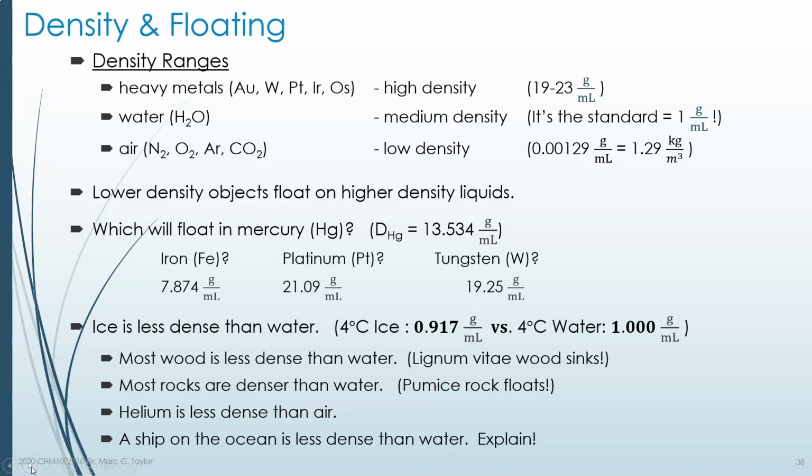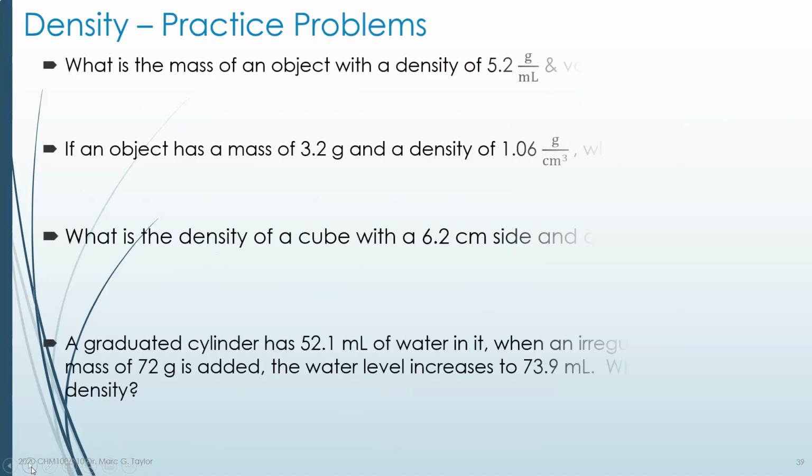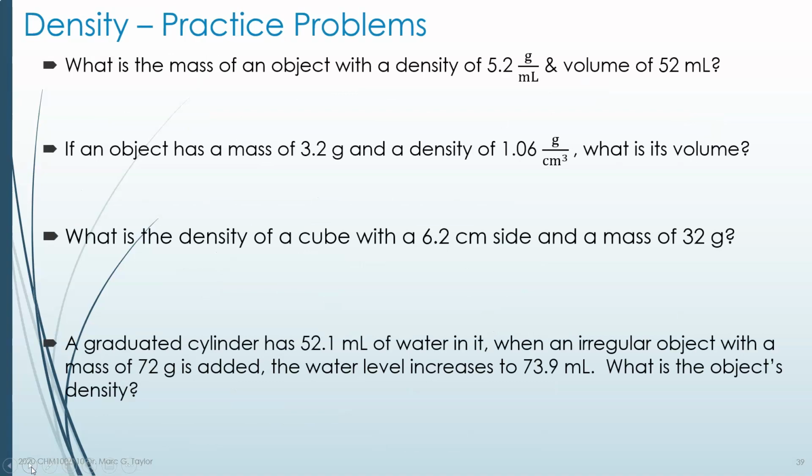They have rooms in them. They have compartments in them that are filled with air or possibly other gases, and the average density of the entire ship, including all the air pockets and the rooms and the compartments and maybe other things that are stored in the ship, make the ship on average have a lower density than water, and therefore they float.